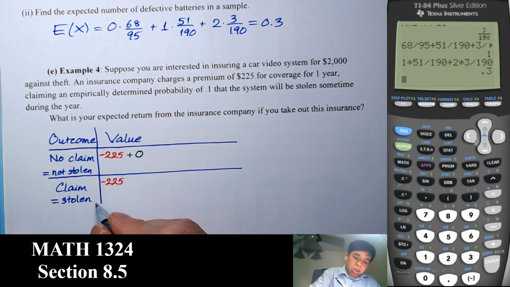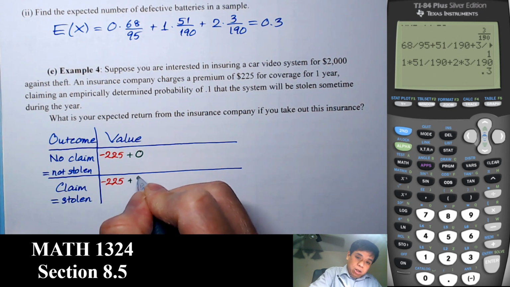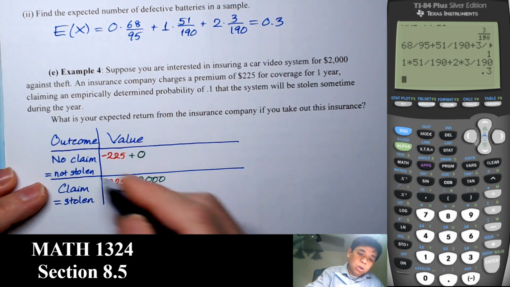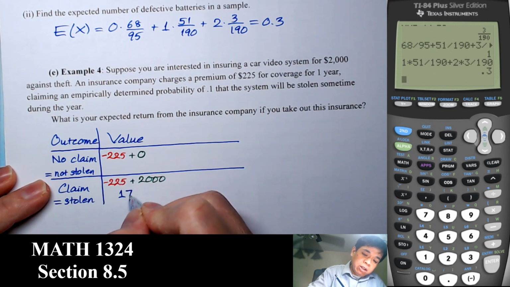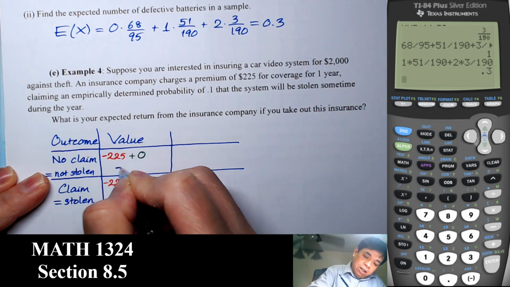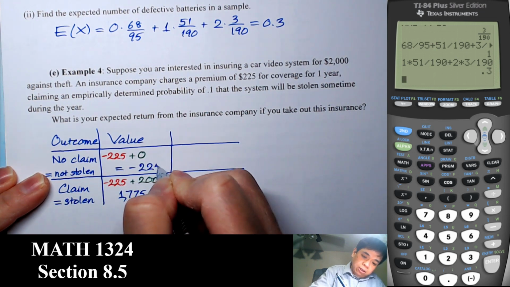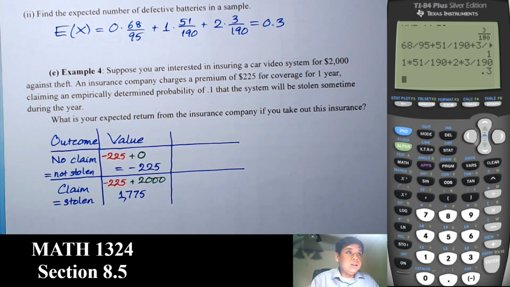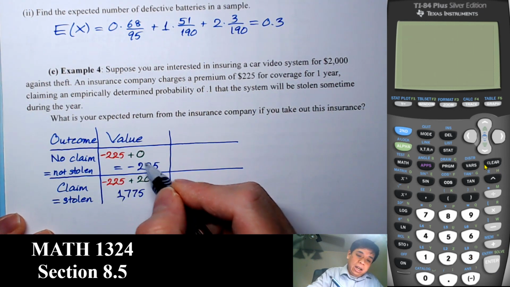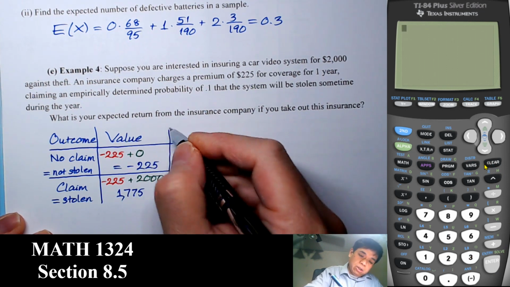But if it is stolen, they will give you back 2,000, which gives you 2,000 minus that 225, which is 1,775. So this is negative 225, and 2,000 minus 225. Now the values are what you spend and what you get in each scenario.